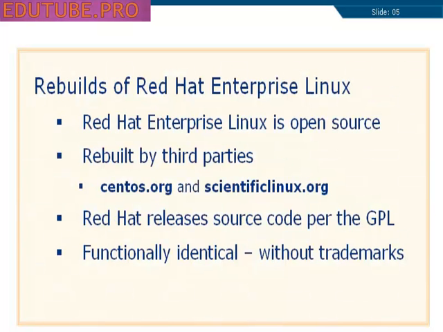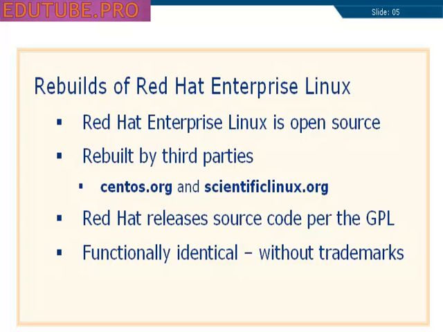What's a rebuild? As the source code behind Red Hat Enterprise Linux is released under the GNU General Public License, third parties such as CentOS and Scientific Linux have rebuilt the distribution. These are known as rebuilds, as they build their distributions from the same source code used by Red Hat for Red Hat Enterprise Linux 5.